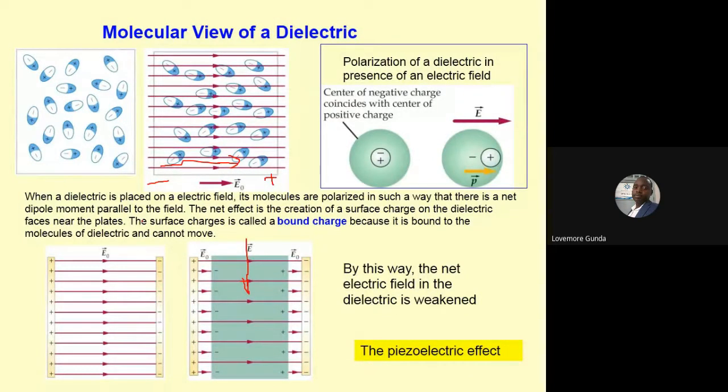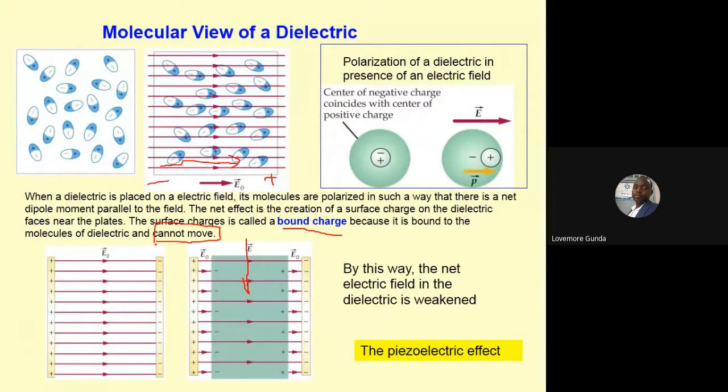So when the dielectric is present in an electric field, its molecules are polarized in such a way that there is a net dipole moment parallel to the field. The net effect is the creation of a surface charge on the dielectric faces near the plates, positive here and negative there. The surface charges are called bound charges because they are bound to the molecules of the dielectric and cannot move.